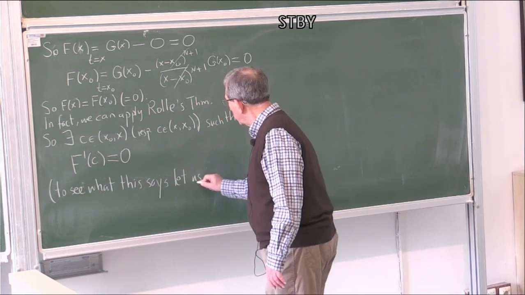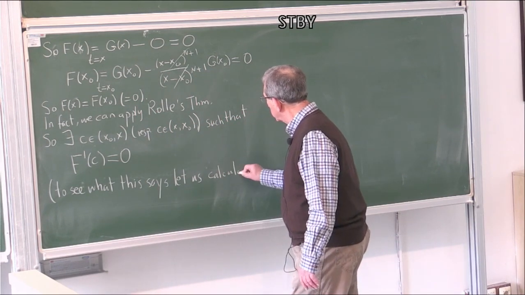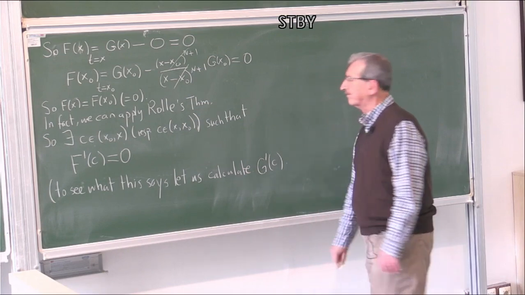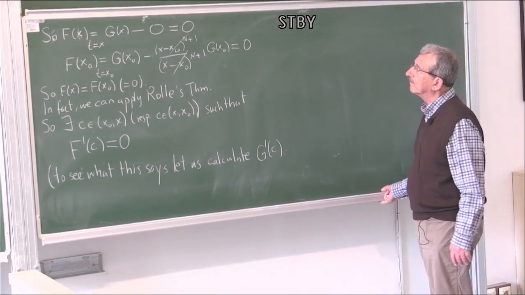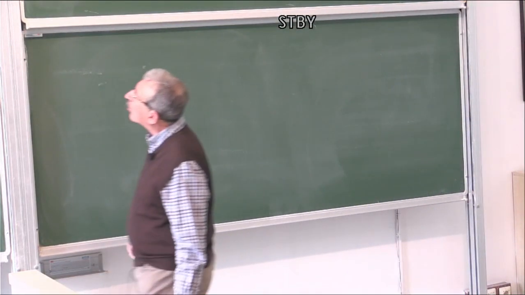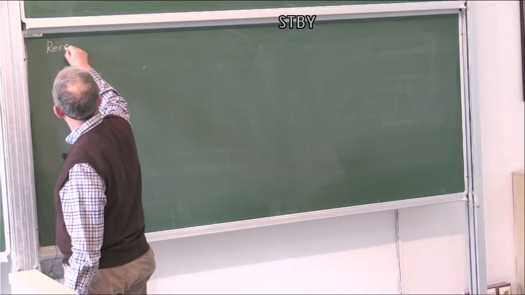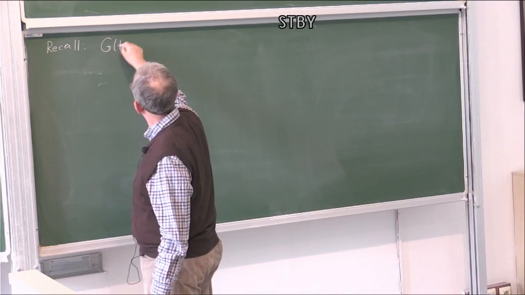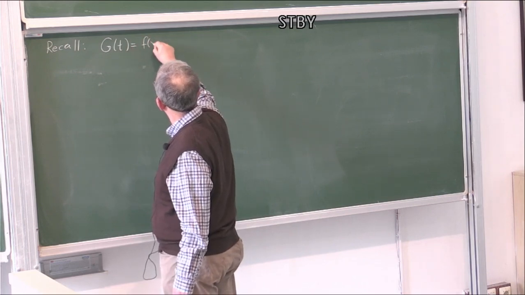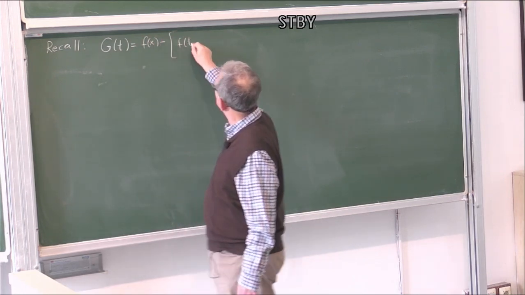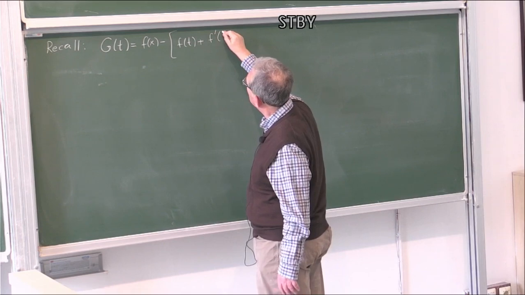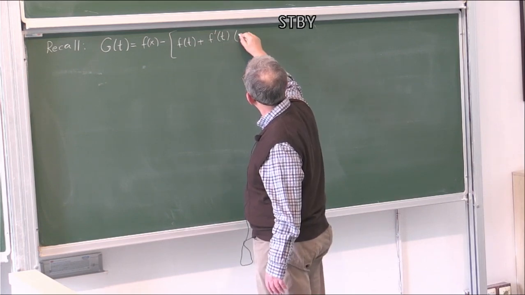let us calculate g prime of c, recalling that g of t was actually f of x minus f of t plus f prime of t times (x minus t).